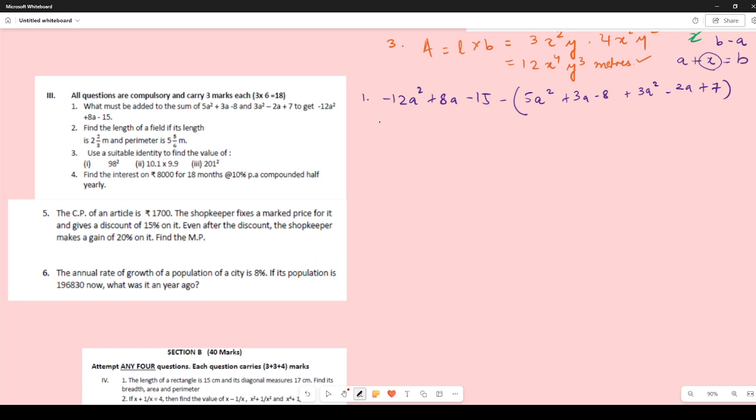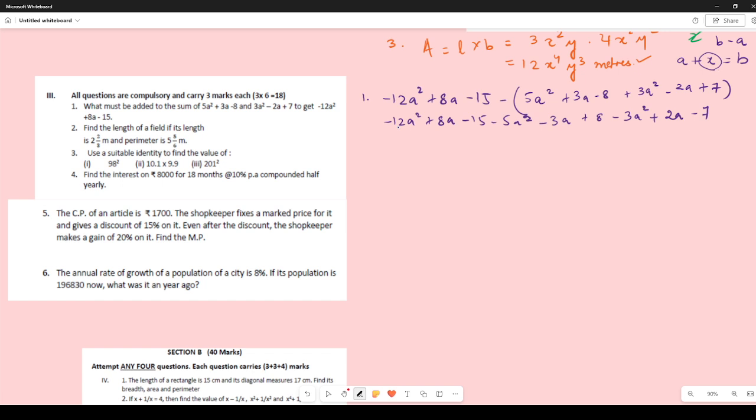So now we open up and we get minus 12a square plus 8a minus 15 minus 5a square minus 3a plus 8 minus 3a square plus 2a minus 7. Now let us do all the additions and subtractions.